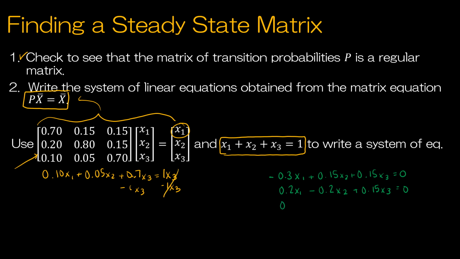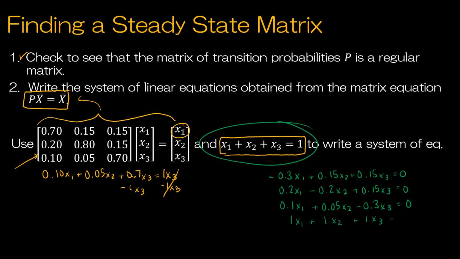On the left side, I have 0.1x1 plus 0.05x2. I have 0.7 minus 1, so that's minus 0.3x3, and equals 0. And then my final equation is 1x1 plus 1x2 plus 1x3 is equal to 1. This is my new system of equations.